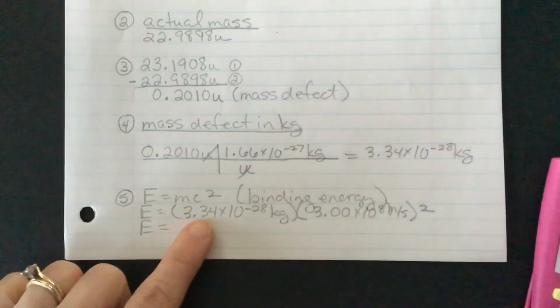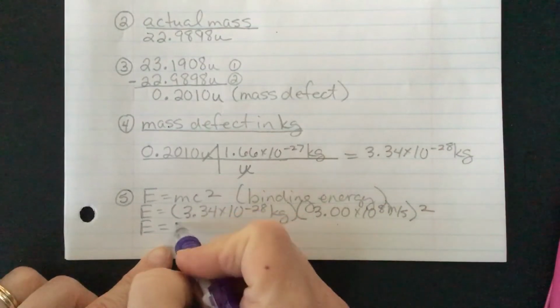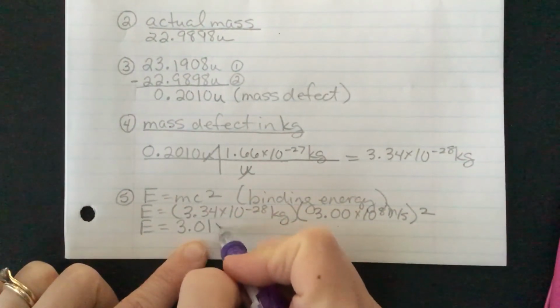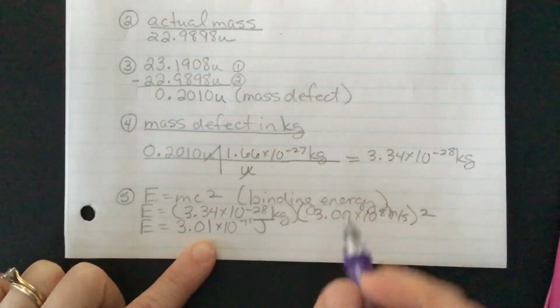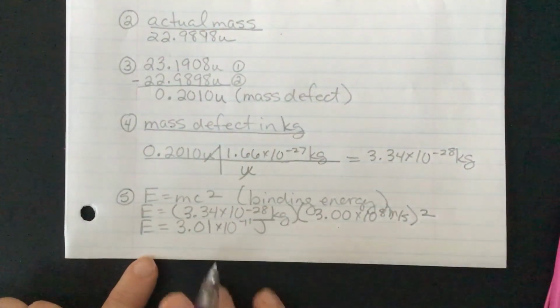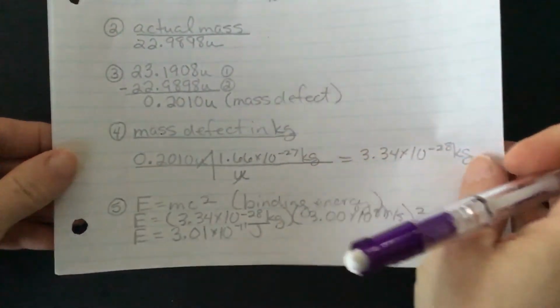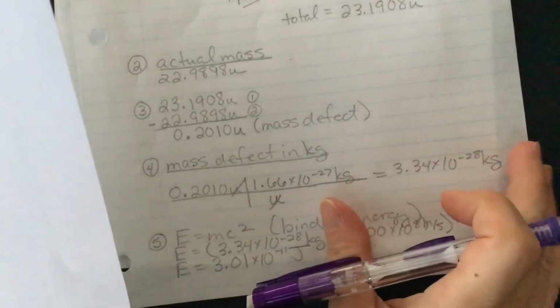But because I have 3 significant digits here and here, I'm going to round that to 3 significant digits, so it will be 3.01 times 10 to the negative 11th joules. So this is my binding energy. And that was step 5 that I just showed.